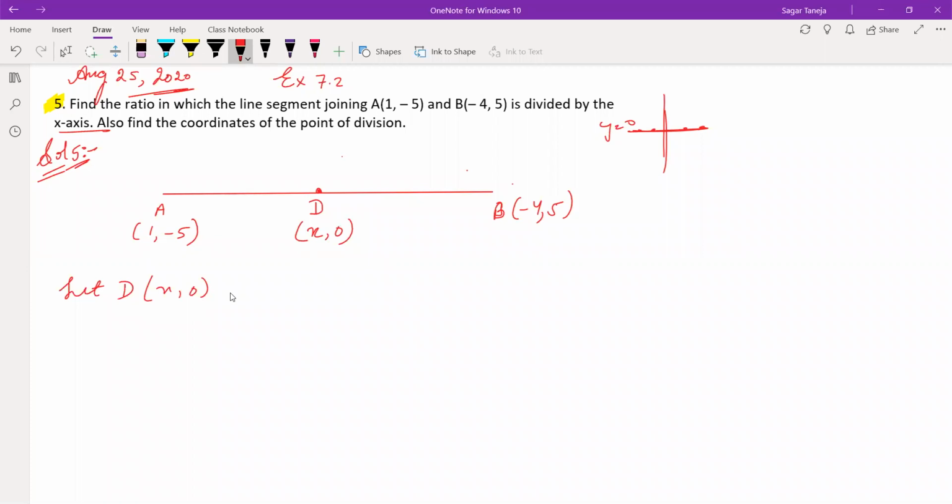So let D(x, 0) divide AB in the ratio k to 1. As I told you yesterday, by assuming the ratio k to 1 it is easy for us to solve.